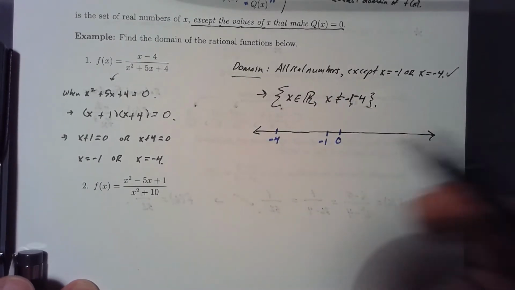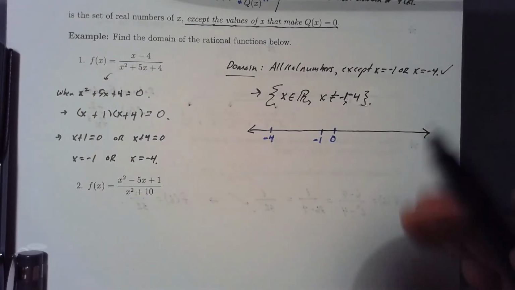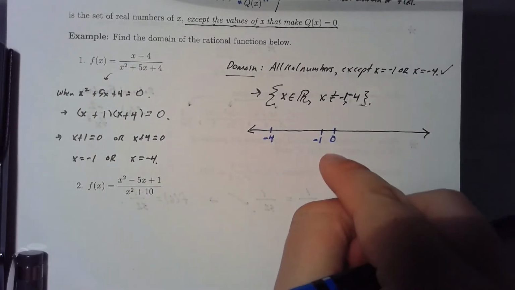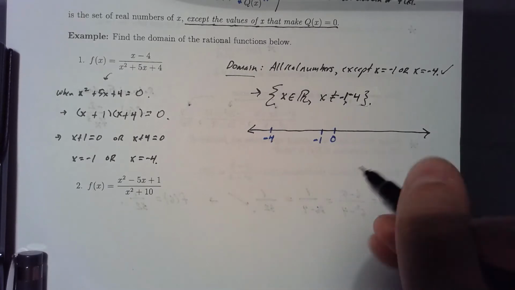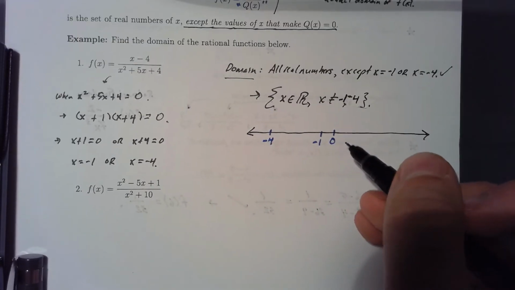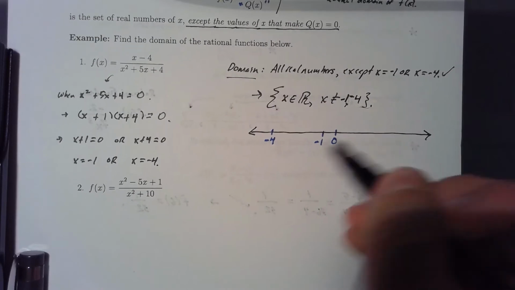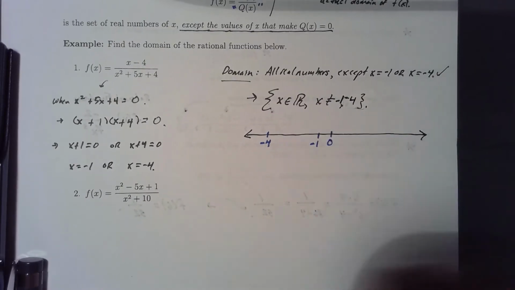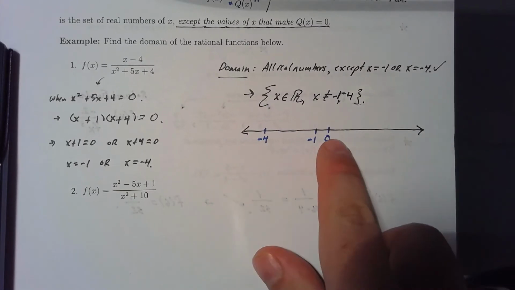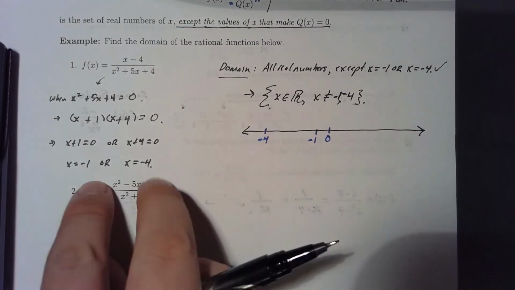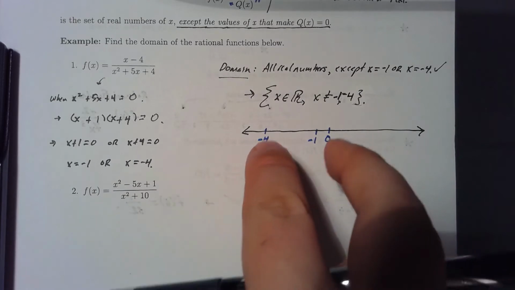Now 0 is not a bad point. 0 is perfectly fine. I just put 0 on here to distinguish negative and positive numbers. If I want to do this with interval notation, the domain is all real numbers, which is the whole number line. We assume that, and then we remove these points from it.